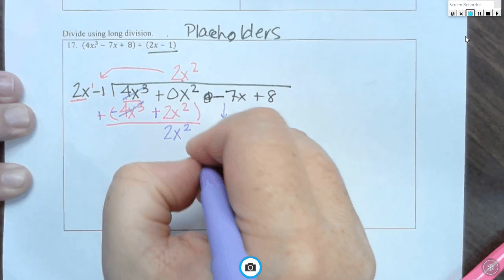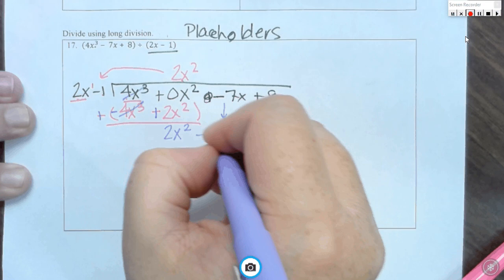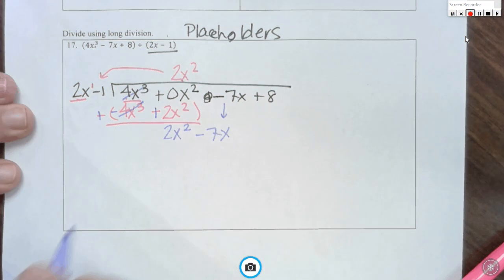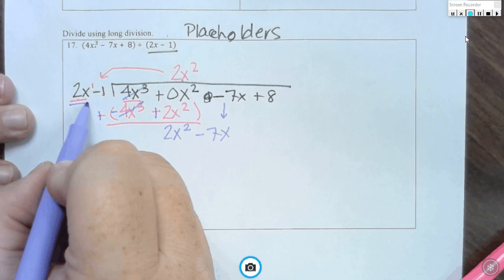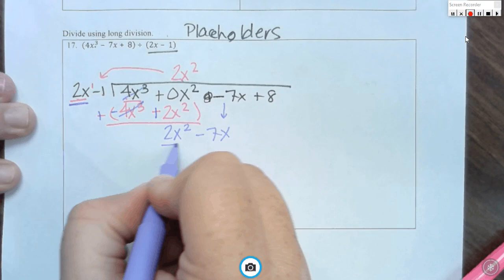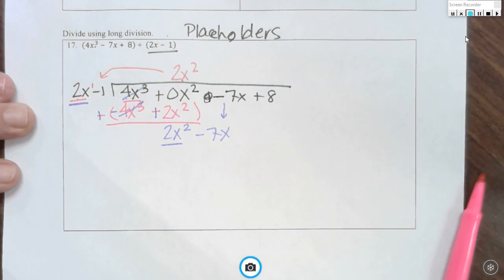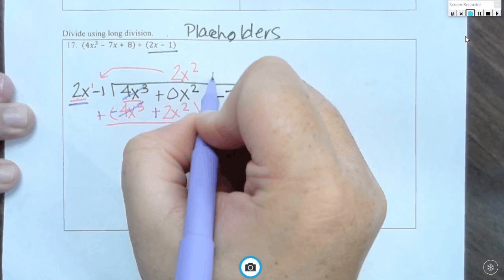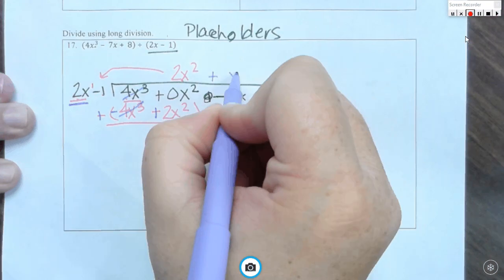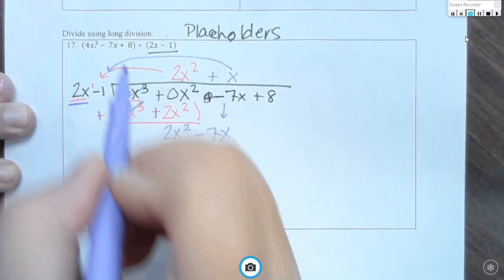Bring down that next term. Process starts all over again. What do I multiply 2x by to get 2x squared? So now I only need an x, so I'm going to put an x up top, and I'm going to multiply around.